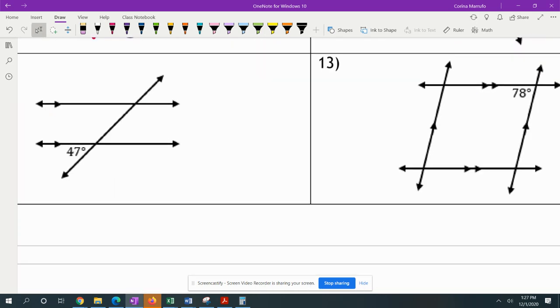So next, this one is 47. So if this one's 47, this is also an acute angle. This side is an acute angle, so 47, 47, and this one is also 47.